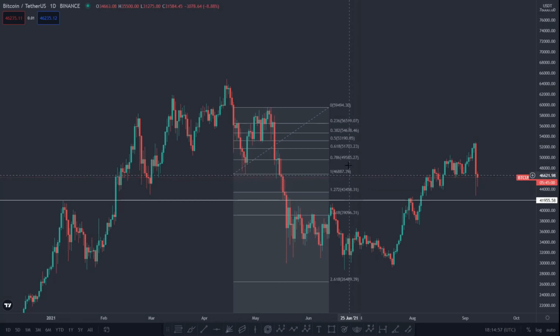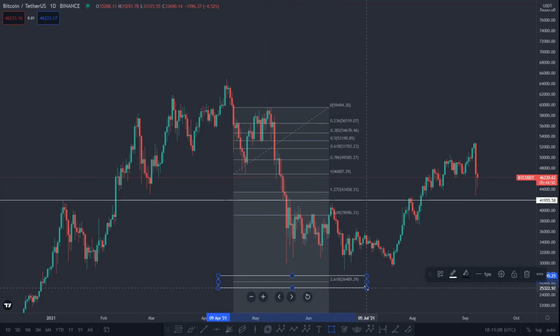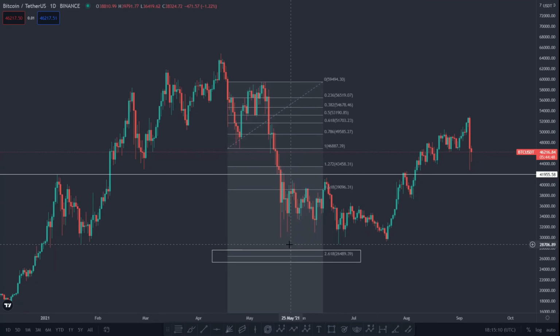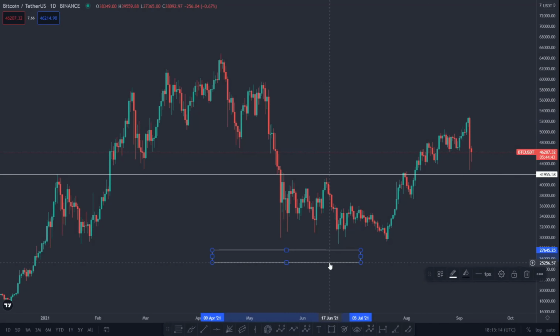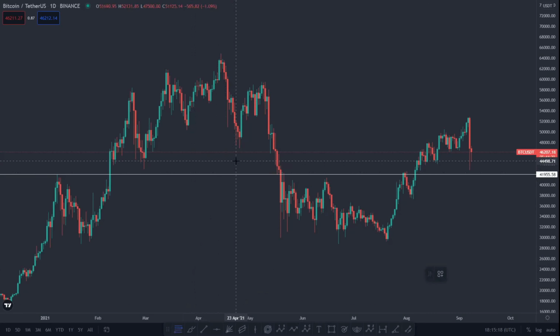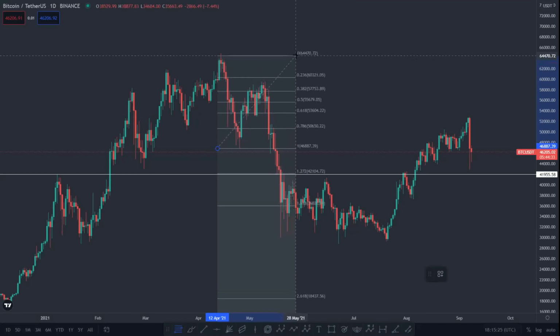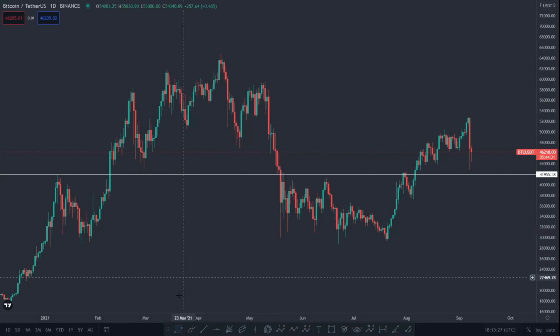Well, we see that the price bounced back to this level, almost going to the second fib ratio, but ended a little higher. So I'll show you a little trick. Let me first delete this one again. Show you a little trick.